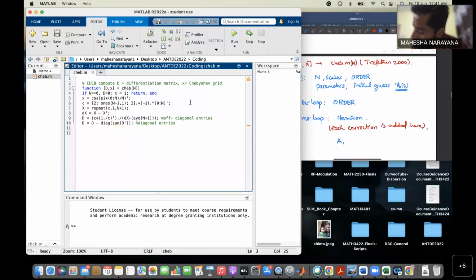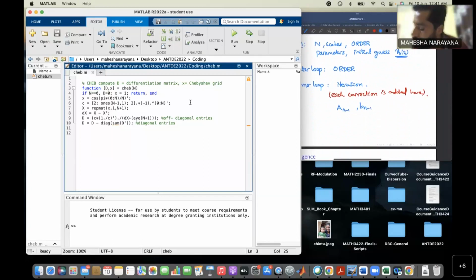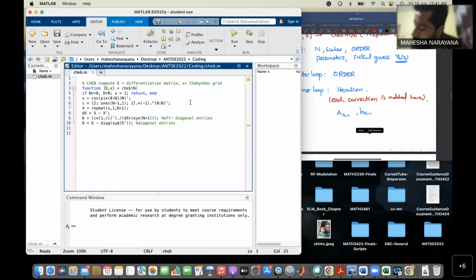So these are the two things that you need to define, and you obtain the solution V_n just by inverting A_{n-1} and multiplying that with B_{n-1}.